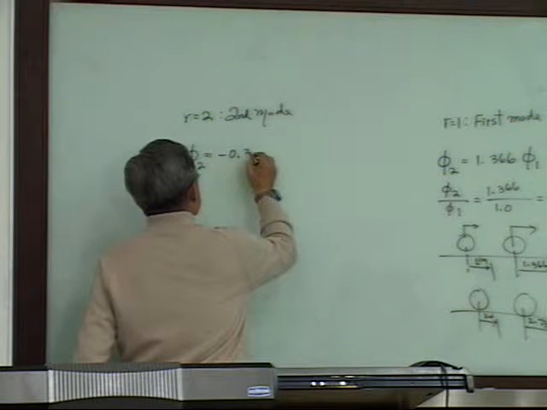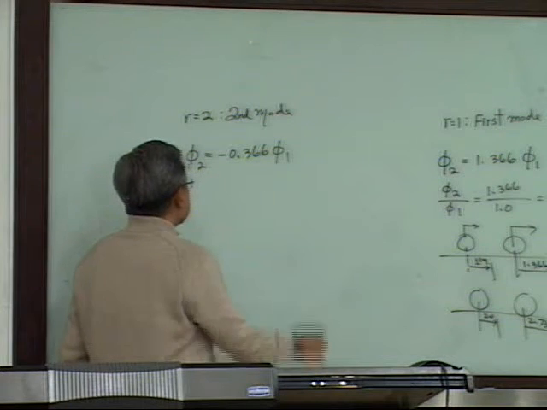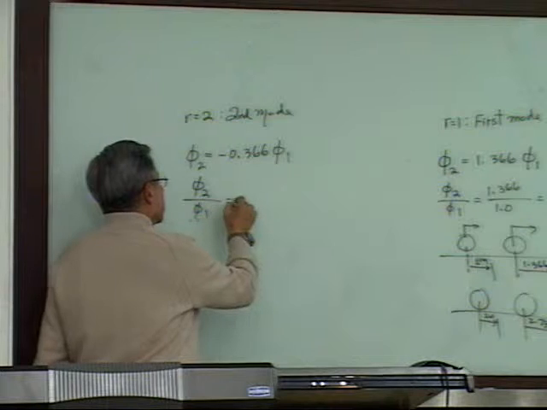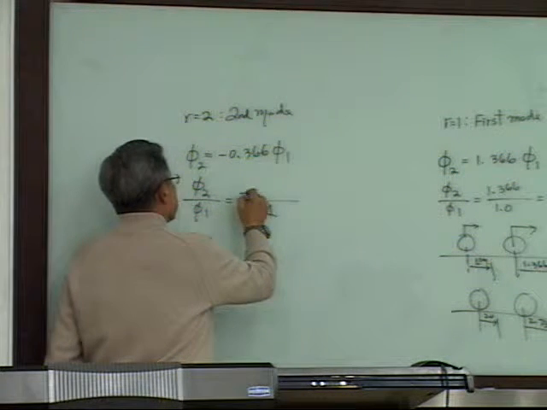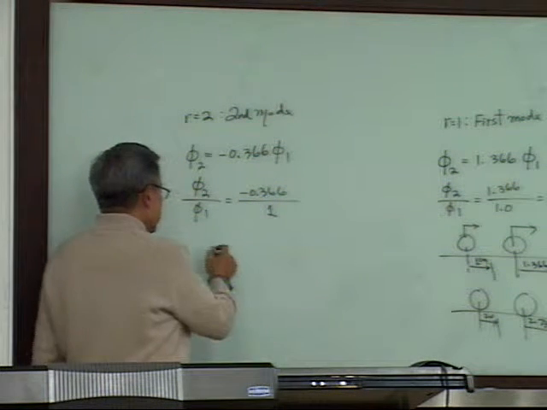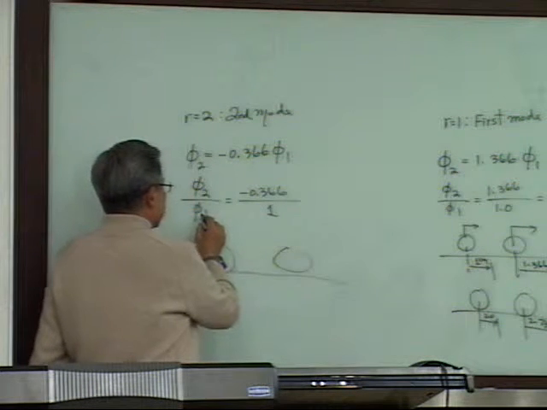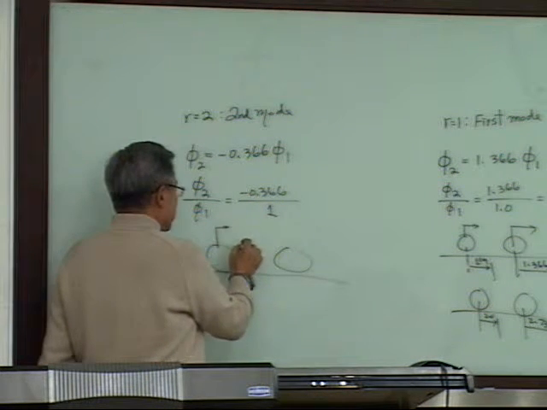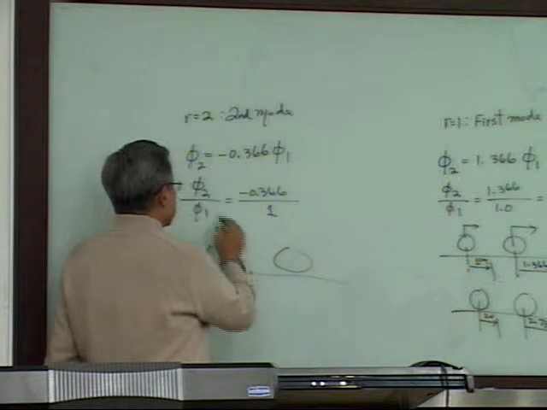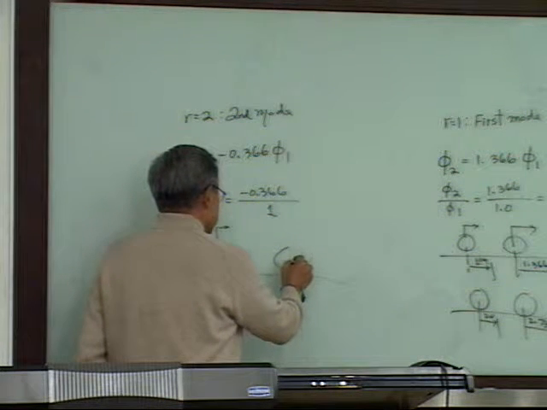Again, the ratio V2 over V1 is equal to minus 0.366. So what does it mean in terms of the motion? This is x1, V1 goes to 1, then V2 goes to minus 0.366.